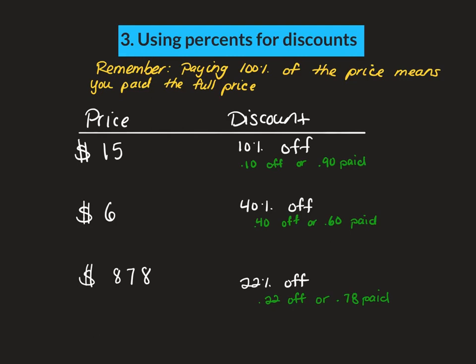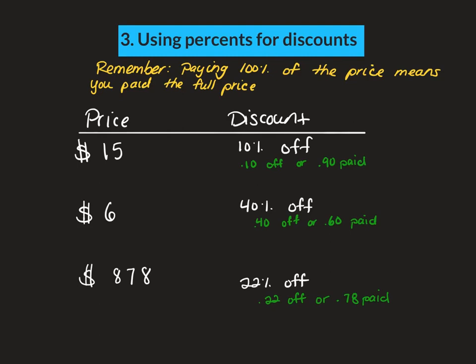We have two options, so I'll show them both to you. The first step for either one is to convert the percentage into a decimal. I can either convert the percentage off to a decimal, so 10% becomes 0.10, 40% becomes 0.40, and 22% becomes 0.22, or I can find what percentage I'll pay and then convert that.